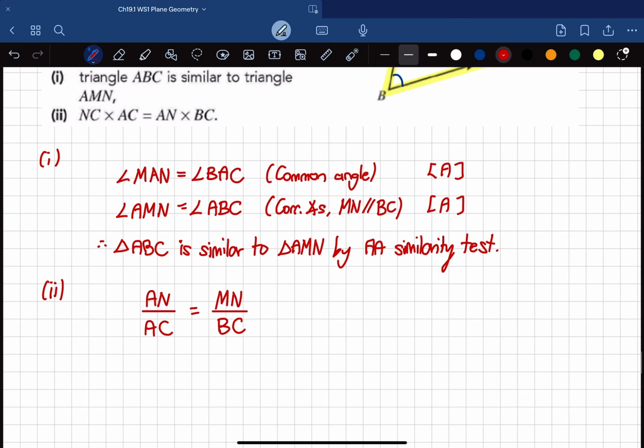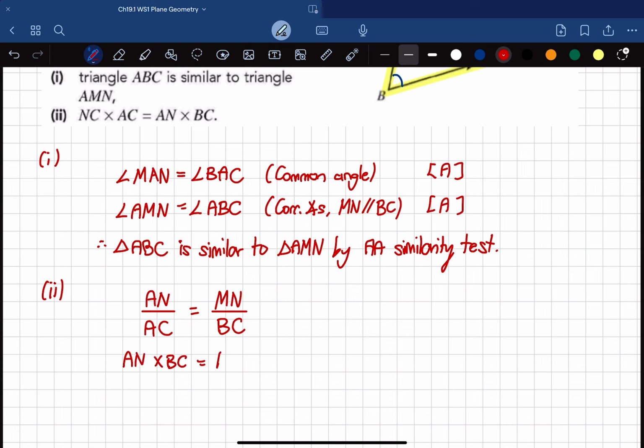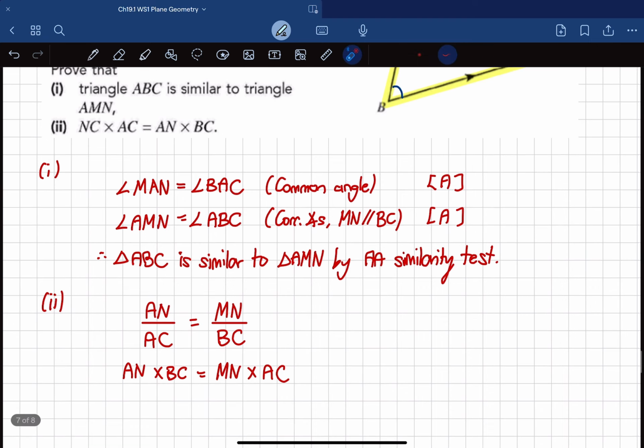If I cross multiply them, I'll get AN times BC equals MN times AC. Then I compare with what the question wants us to find. AN times BC, I have this over here. MN times AC: the only difference is that instead of MN, I have NC here. So I need to find some way to show that MN is equal to NC.